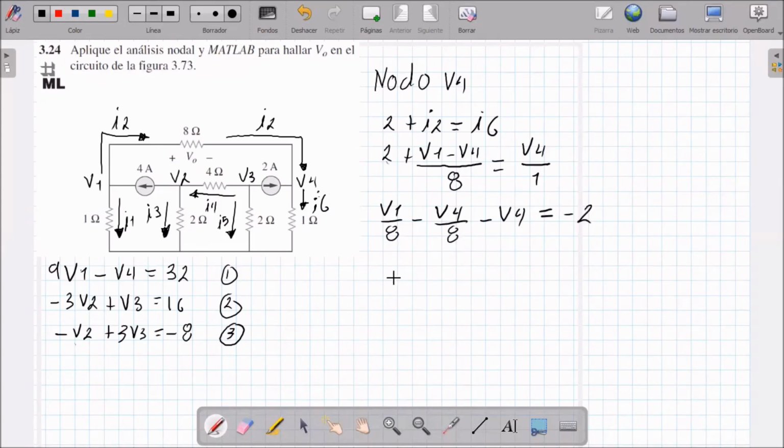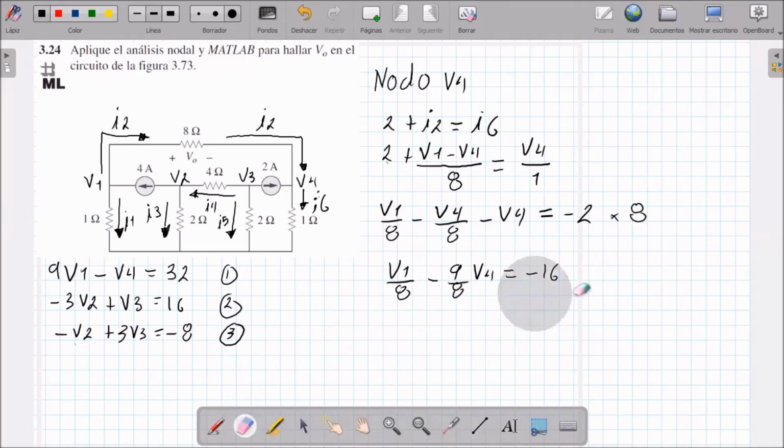I'm going to group the ones that have B4. Then I'm going to have B1 over 8 minus 9/8 of B4 equal to minus 2.